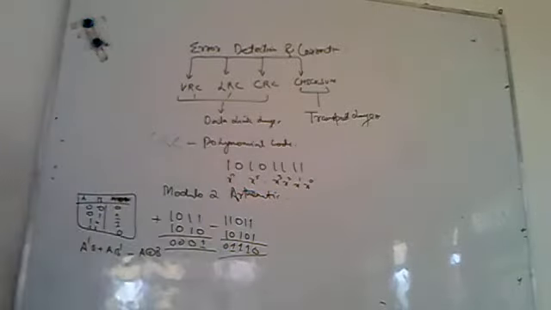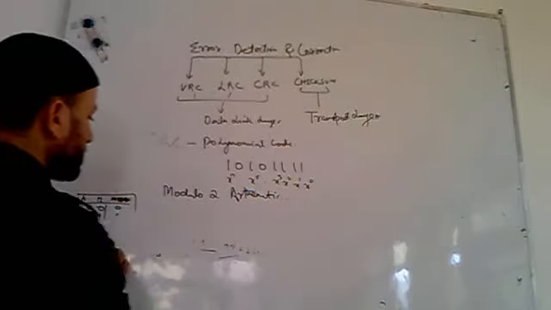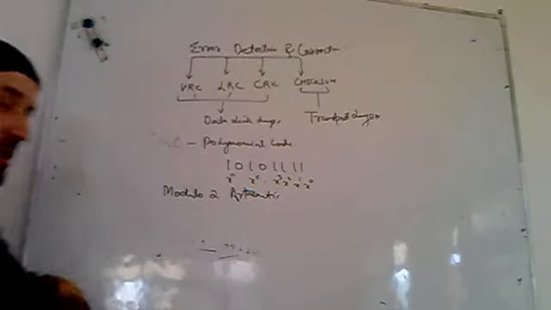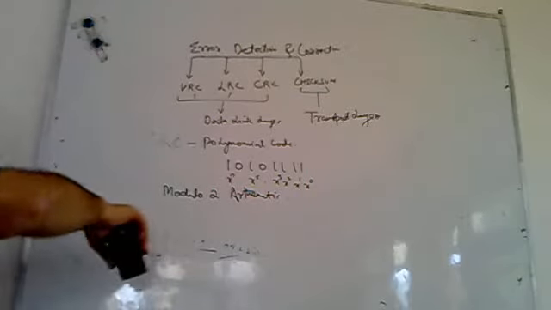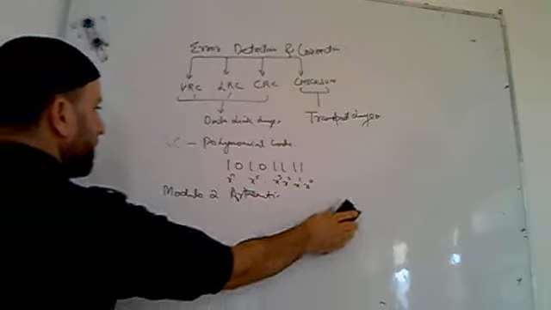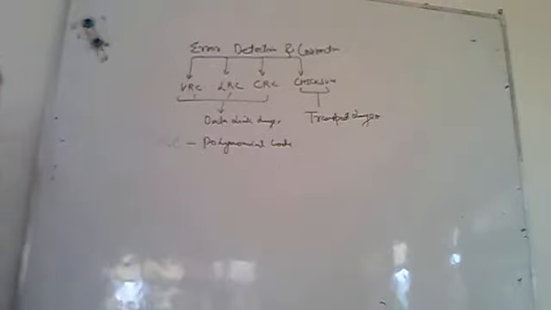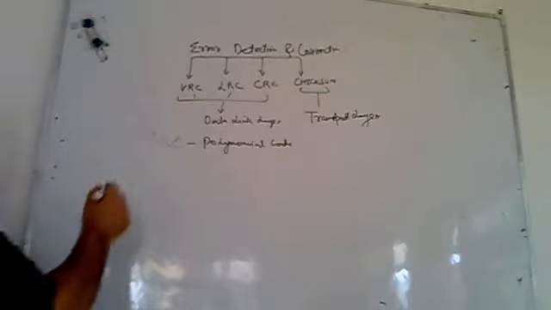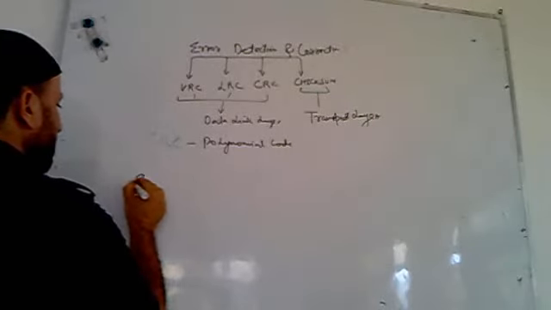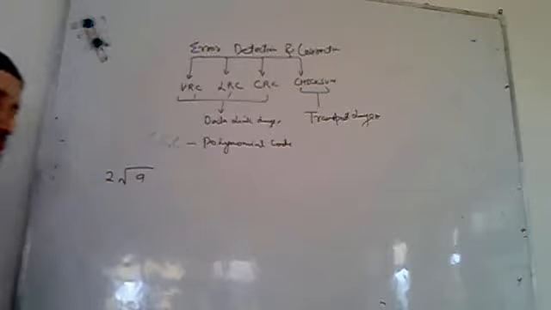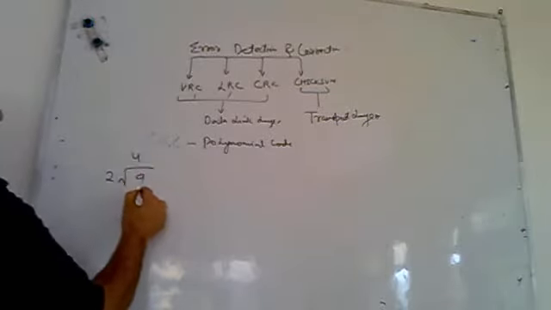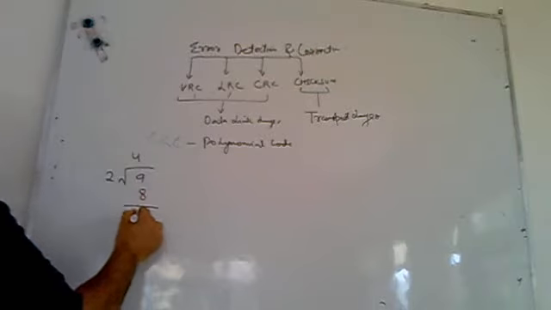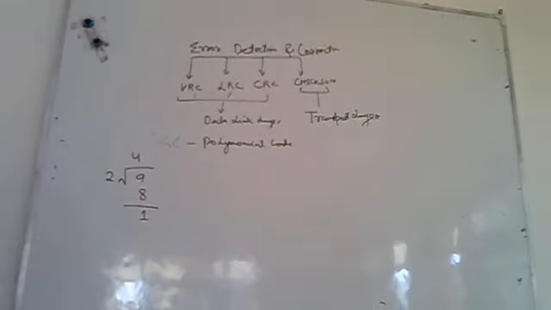This is the polynomial code. First, let's understand what the idea behind the CRC is. This is very simple, just XOR. For example, we have a 9 and you divide it by 2. 2 fours are 8, remainder is 1.